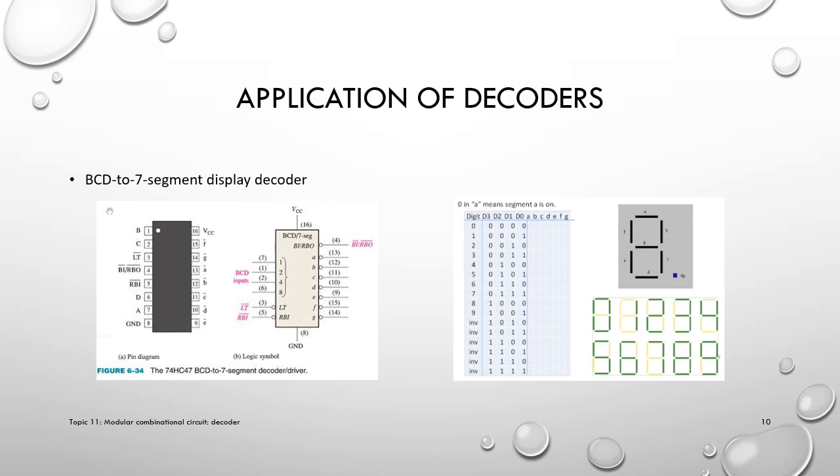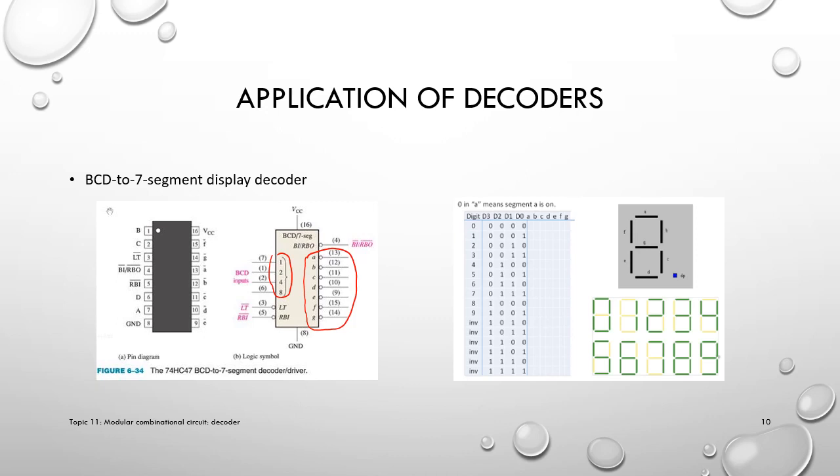Basically, for this decoder, we have 4 inputs, but we have 7 data outputs. Okay, there are some enable inputs there, but you can check the datasheet to see how they work. But basically, we just talk about the relation between the input and output here, and how we can use it to drive the 7-segment LED display.